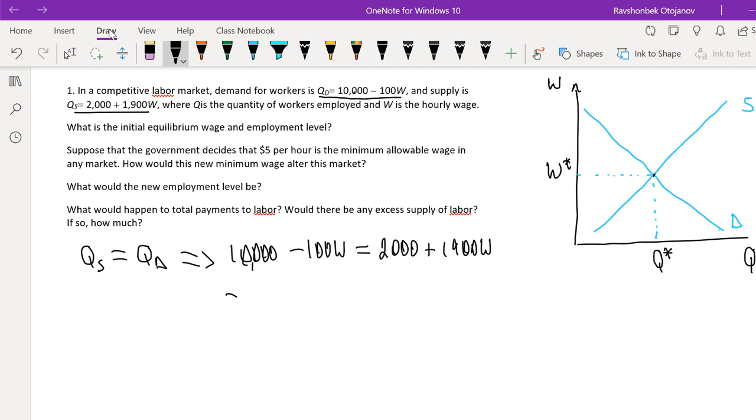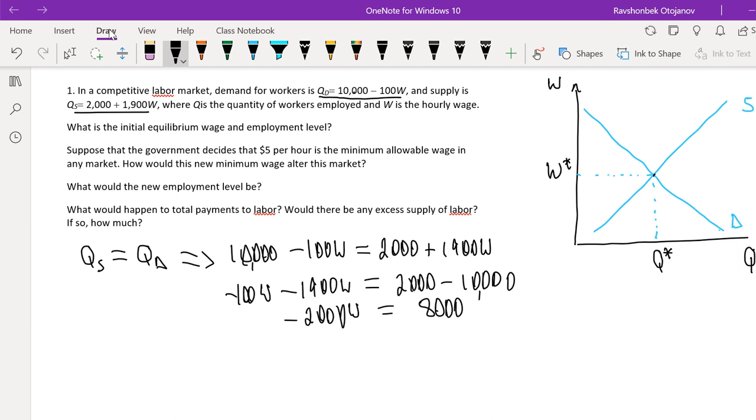So that will give us 100 W minus 1,900 W equals 2,000 minus 10,000, because I subtract 10,000 from both sides. Now this will leave us with negative 2,000 W, and this is negative 8,000. Negative sign cancels, so now W is basically 4. So that's $4. This is the equilibrium wage.